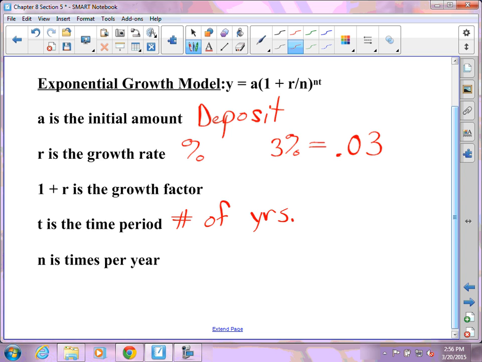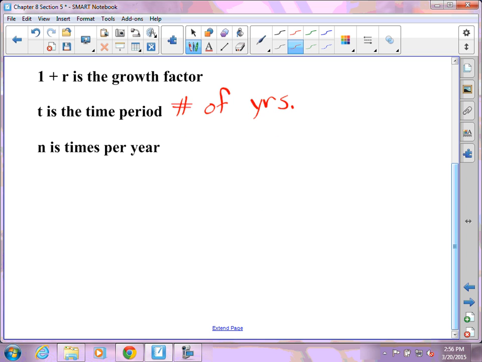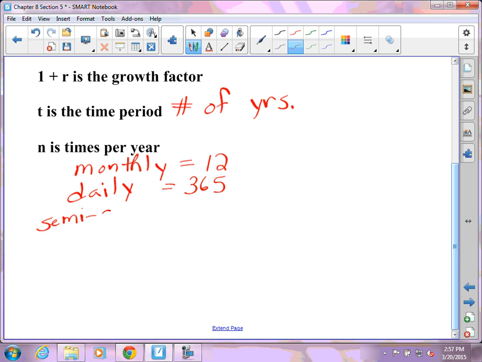Now this is where it can get a little complicated. If they talk about monthly, you're going to put in 12. When they talk about daily, you're going to put in 365 because there's 365 days in a year. If they talk about semi-annually, they're talking about 2, meaning it's going to happen twice per year.